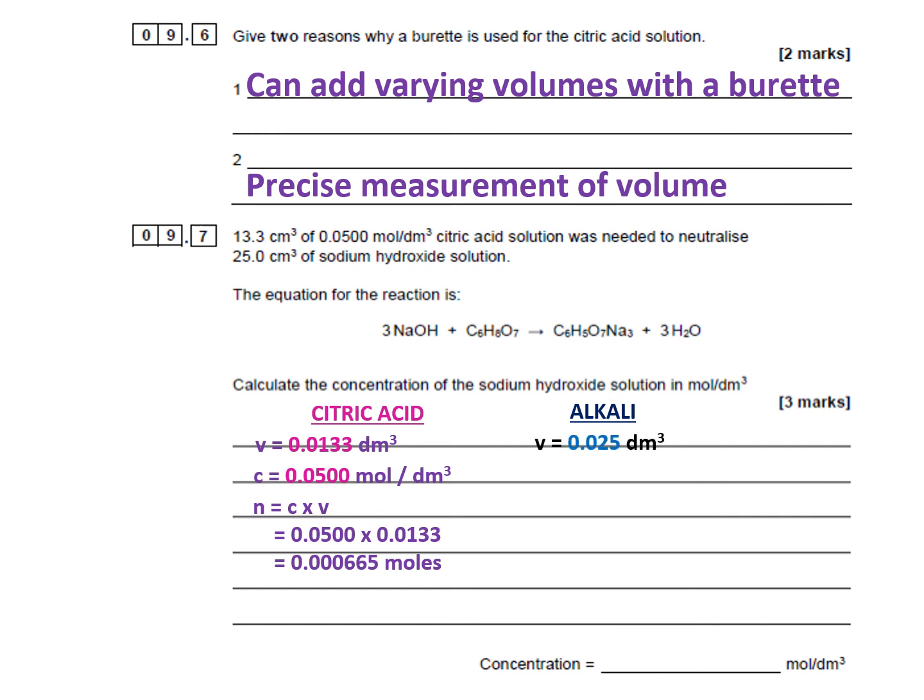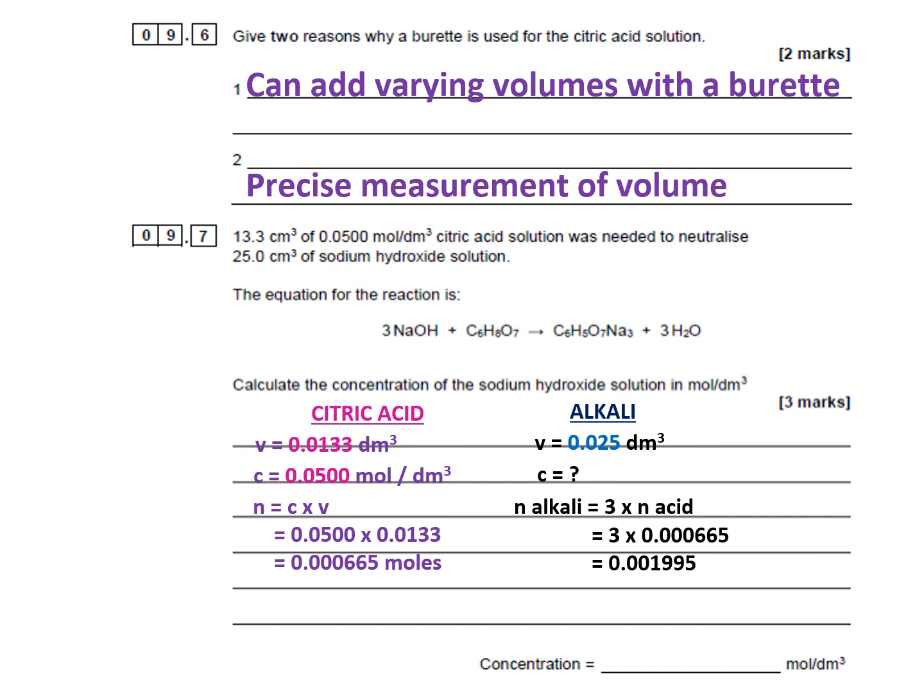For our alkali, we know the volume. From our equation, we know that we need 3 times as many moles of our alkali NaOH as we have of our citric acid. Since we know the number of moles of acid, we can work out the number of moles of alkali required by multiplying by 3.